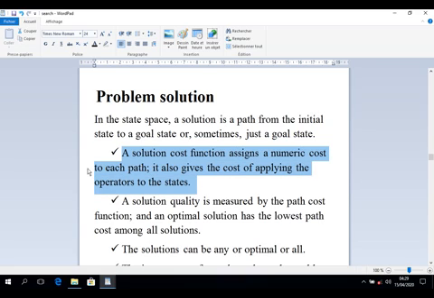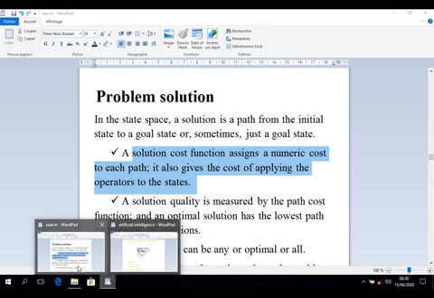Now, in the worst case, the search explores all possible paths between the initial state and the goal state. That is in the worst case.